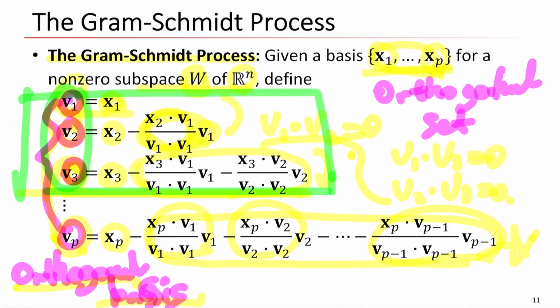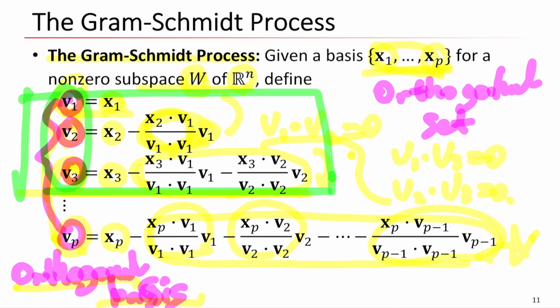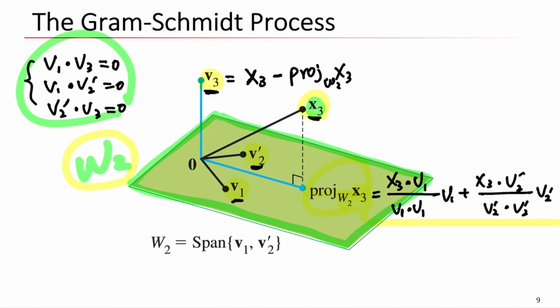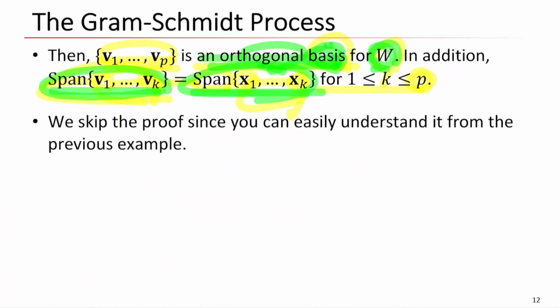So in here we can say that the subspace spanned by the vectors v is exactly the same as the subspace spanned by x, right? Because if you remember this figure, the space spanned by x1 and x2 is exactly the same as the subspace spanned by v1 and v2, right?